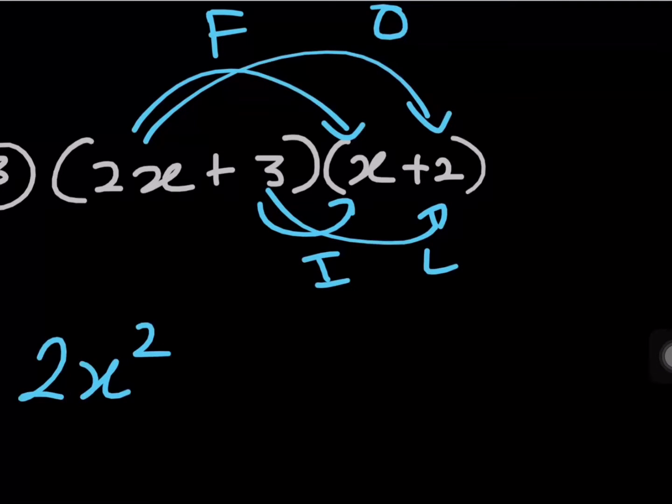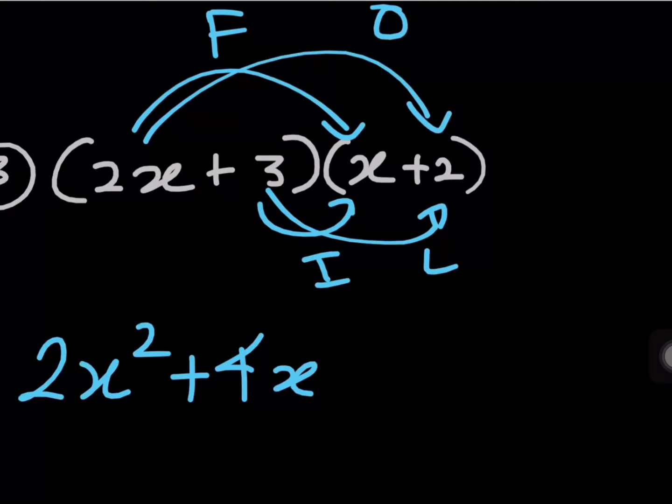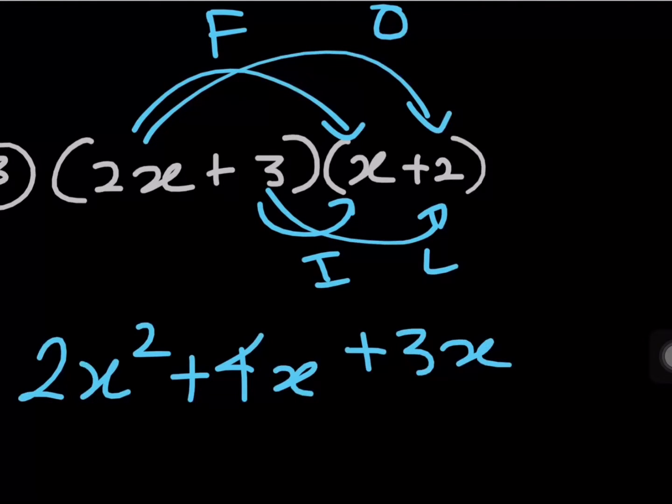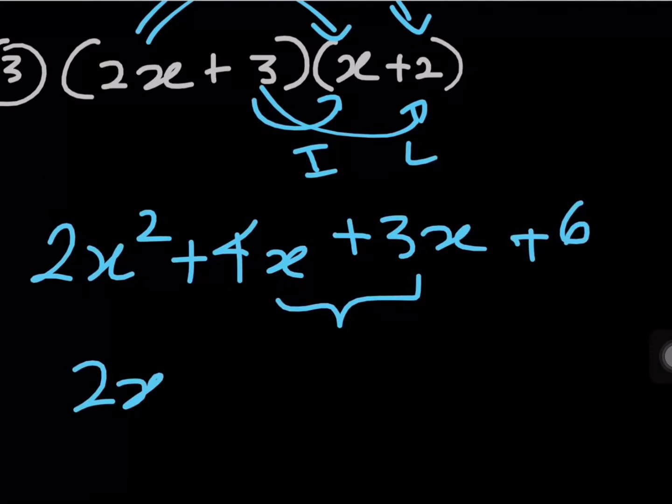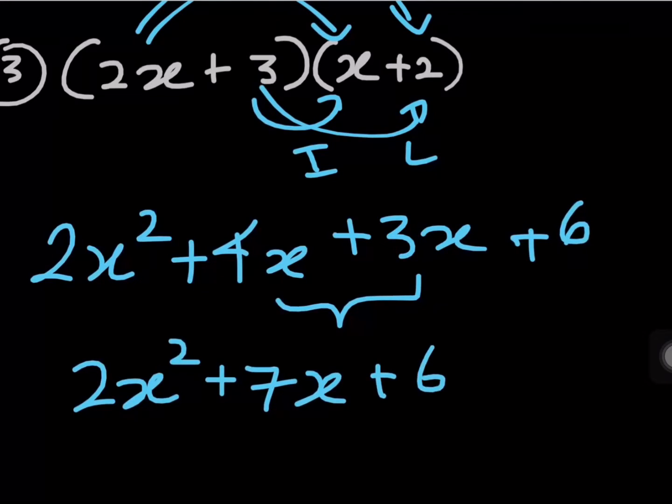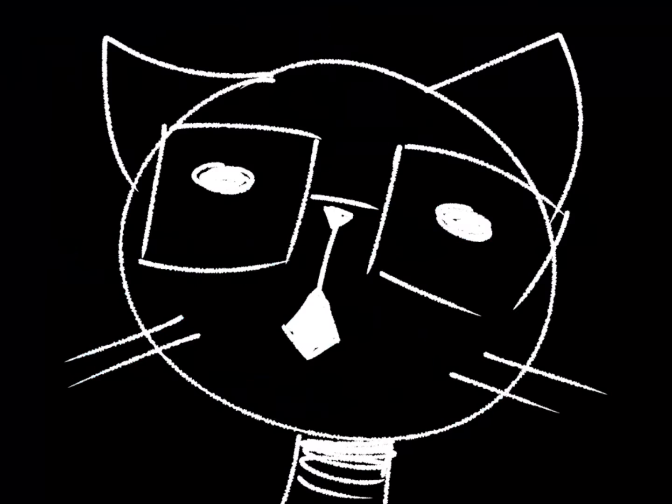Now 2x times 2 will make 4x, and 3 times x will make 3x, and 3 times 2 will make 6. So we can simplify these two. It will become 2x squared plus 7x plus 6. I hope you got this question correct, and that will be it for this video.